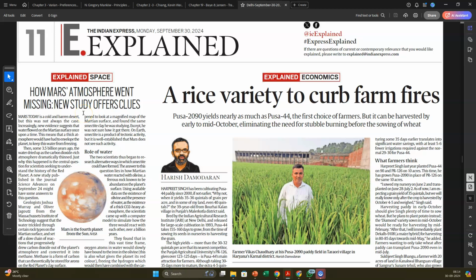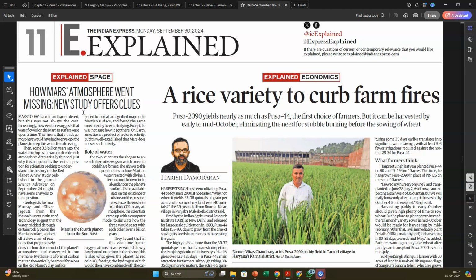Now you must be aware that you have three seasons of growing farm produce in India. You have the Kharif season, the Rabi season, and the Zaid season, which is between Kharif and Rabi. Typically, the Kharif season starts from the onset of monsoon in June, and the harvest should happen sometime in the first week of October.